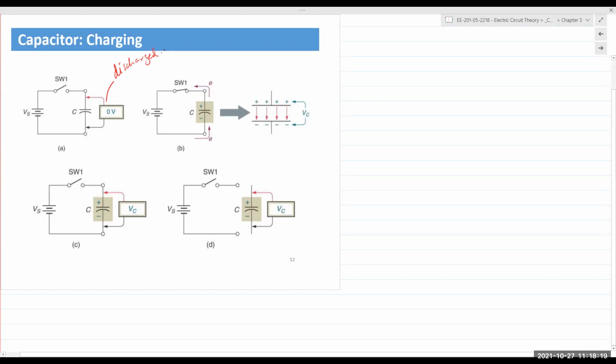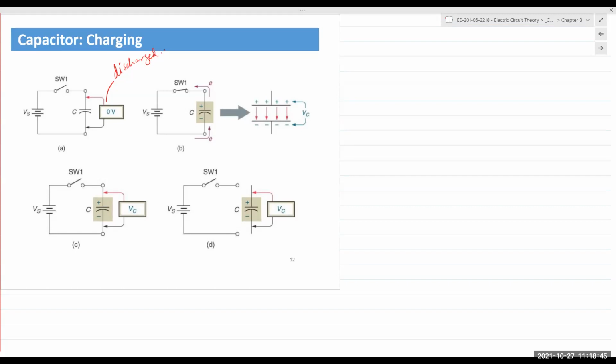We all know like charges repel and opposite charges attract. So voltage Vs is connected to the capacitor. The positive terminal of the voltage source will attract the electrons in the wire and the plate of the capacitor. Keep in mind that the capacitor is separated by an insulating material, so nothing can actually flow through the capacitor itself.